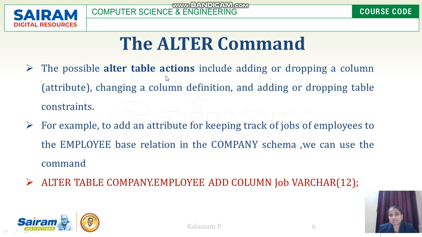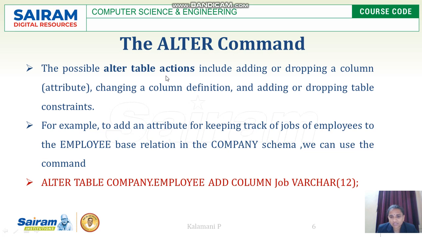So the next thing is the alter command. Drop command is used to drop the table or schema or constraint or attributes. Alter command is used to alter the table or schema. Using this alter command we can add a new attribute to the table, or modify an attribute present in the table, or drop an attribute in the table.